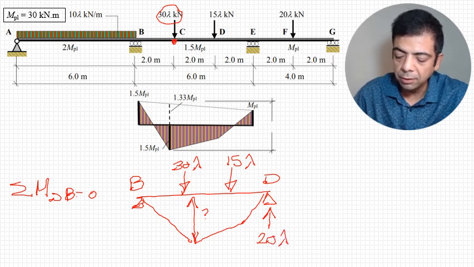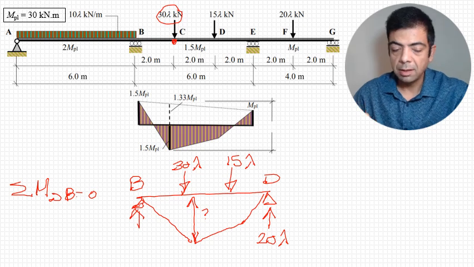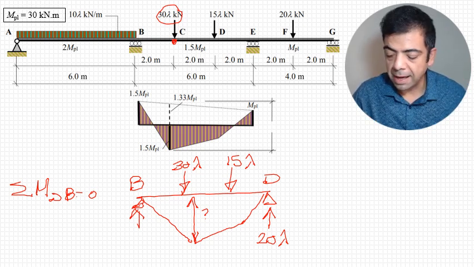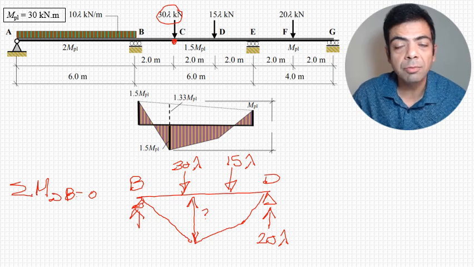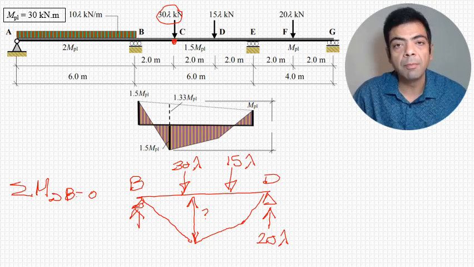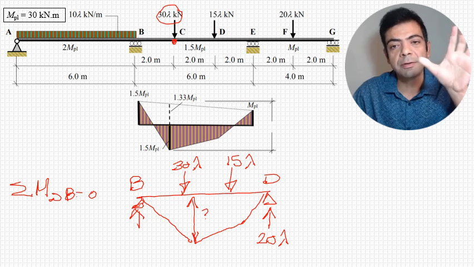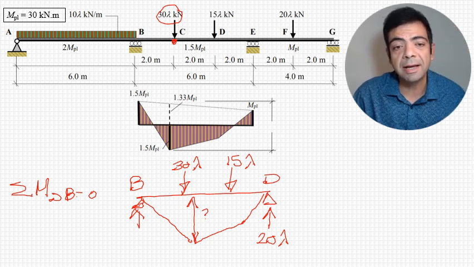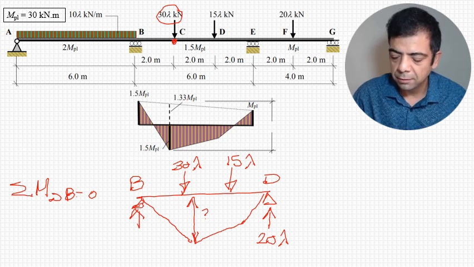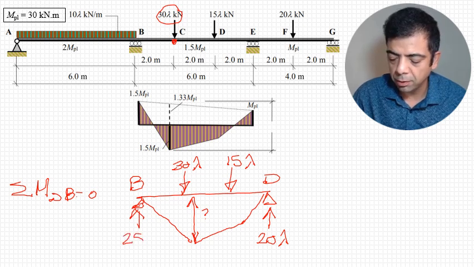Is there a way to get the moment at B, or the reaction at B? Yes, it will turn out to be all the forces up in positive y minus all the forces in negative y. It will have to equal 0. So the reaction here is going to be 25 lambda.